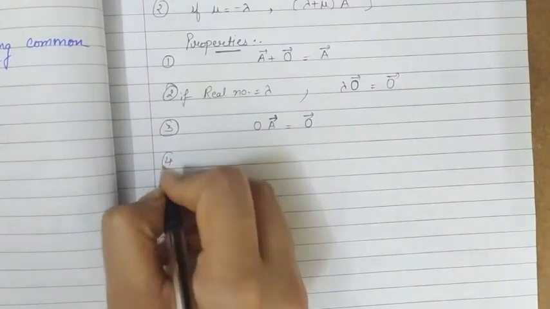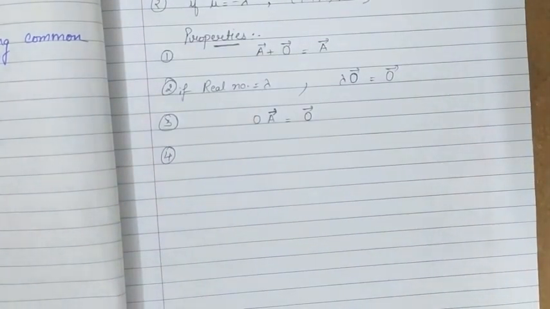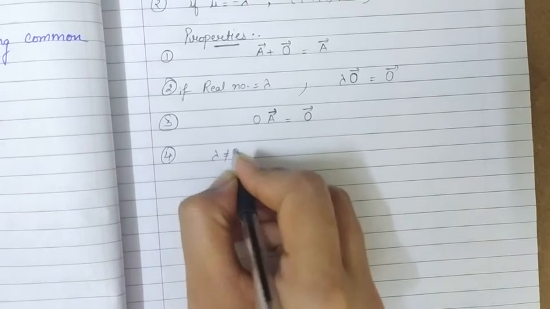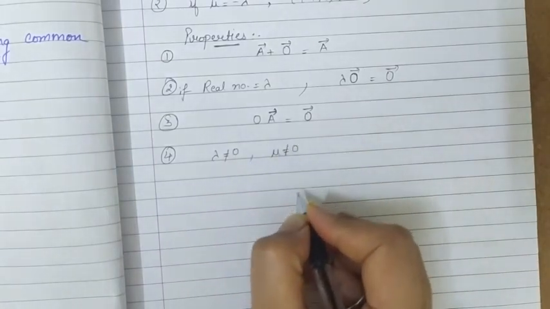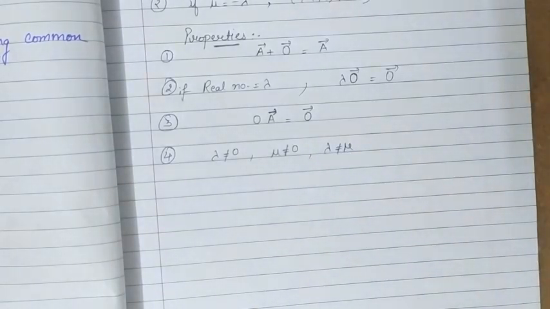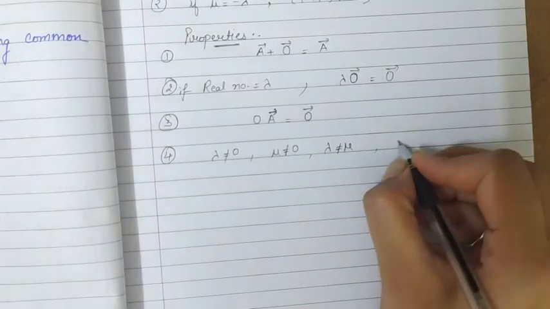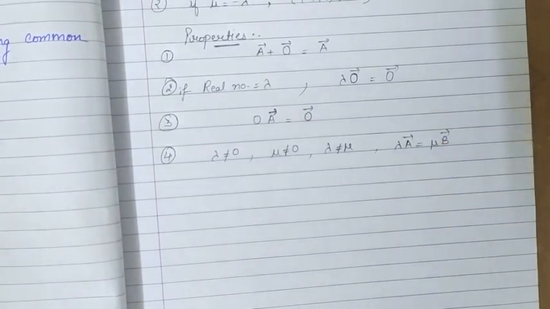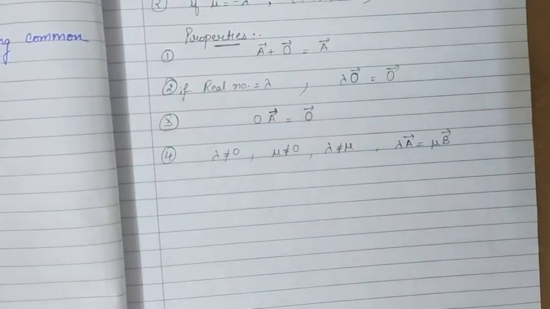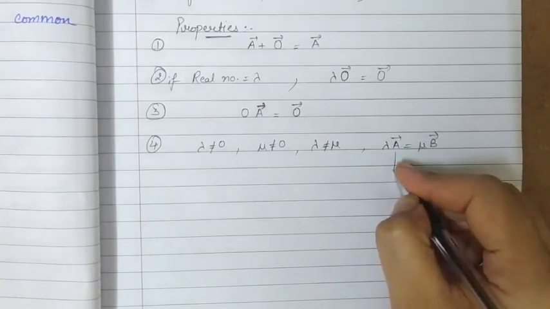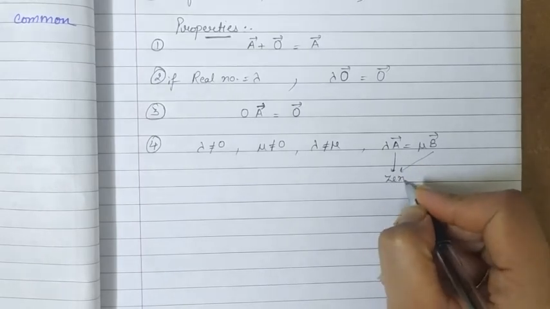Now the last and the fourth one: if we have two different non-zero real numbers, lambda and mu, lambda not equal to 0, mu not equal to 0, lambda not equal to mu, and there is a relation lambda a vector is equal to mu b vector, then this relation will hold only if both a vector and b vector are zero vectors.